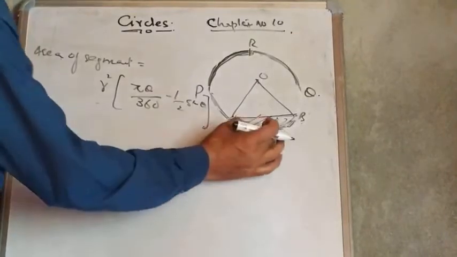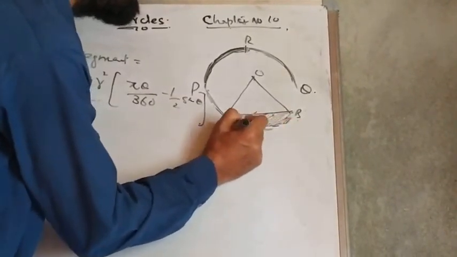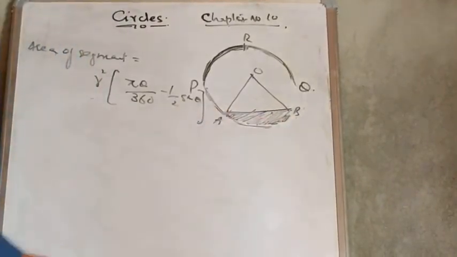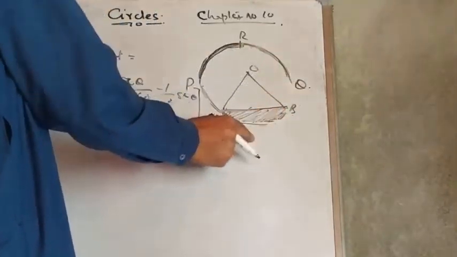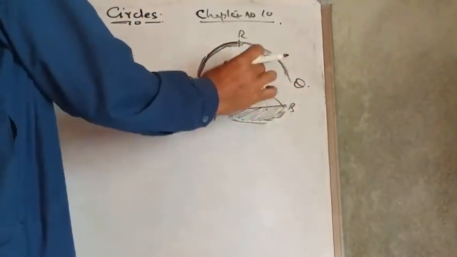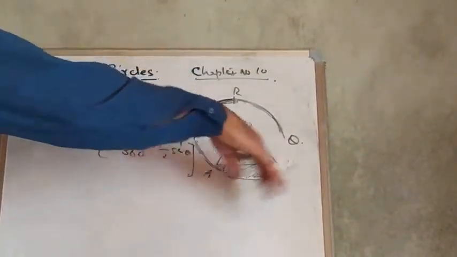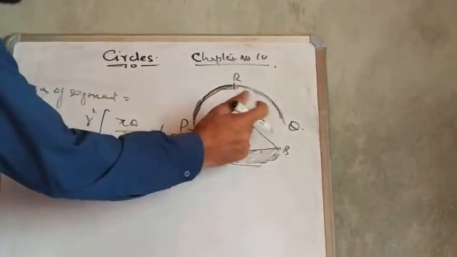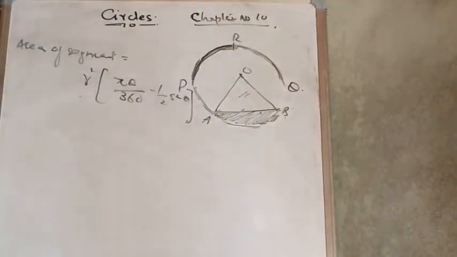Or in other words, you can write it as area of the whole sector AOB minus area of this triangle AOB. This is the area of this minor segment.